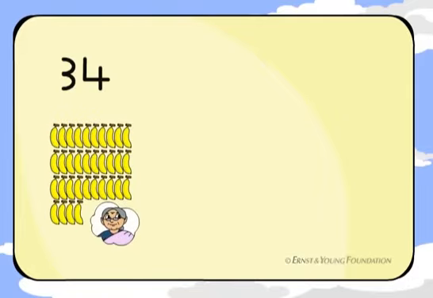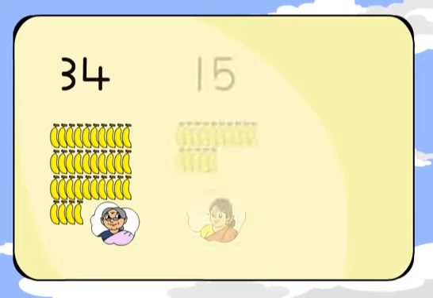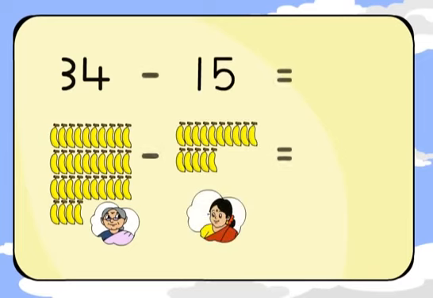Grandma has 34 bananas. Sita auntie has 15 bananas.